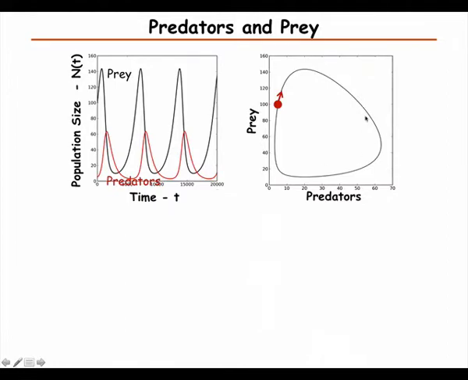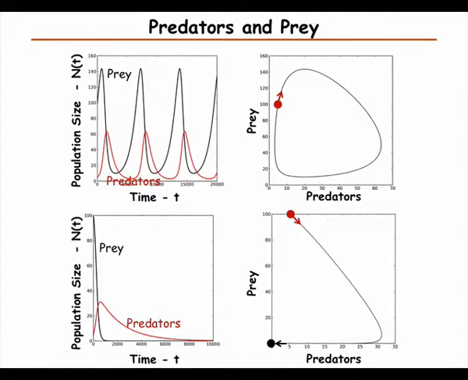Now, this is the same figure, but depending on how we choose the model parameters, the predators can be too effective, and we can get a situation like this, where the predators eat all the prey very fast.